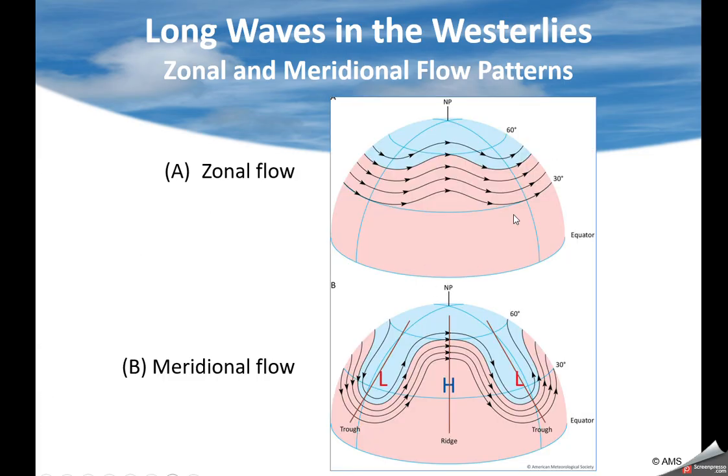So here you can see, typically we have two types of flows in the atmosphere. One is a zonal flow, little waves, west to east. The other, you get the much bigger waves. And when you get this meridional flow, you pull down a lot of cold air from up north, lots of warm air from the south, lots of moisture, and these can produce some of the biggest storms.